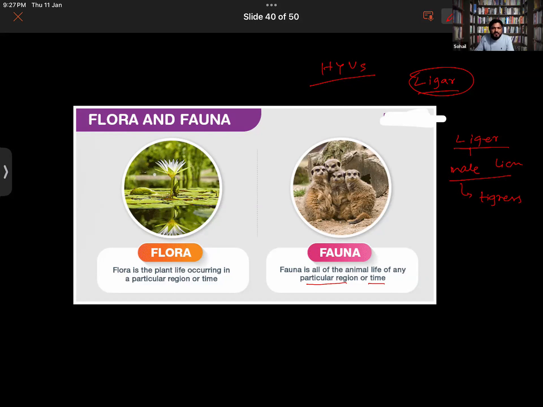It's not a rare chance, but in the zoo, if they are made to interbreed, they will be born out of it. These are called hybrids because their size is bigger than the normal tiger or lion.